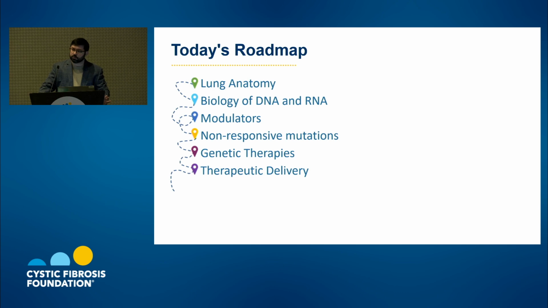As well as getting into a little more of the biology of DNA and RNA and that protein synthesis process. We're going to cover a little bit of the modulator space and how they function. And then really getting into more of the non-responsive mutations and how they function, and covering genetic therapies, as well as the big barrier ultimately, which is the delivery side of things, that we'll cover at the end as well.